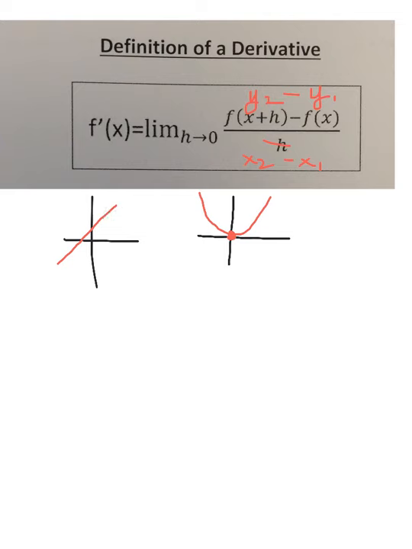I'm going to say that one more time, and if you want to write that down, write that down. The derivative is just a way to find the slope of a function when the slope isn't constant. Again, this is constant, this is not.